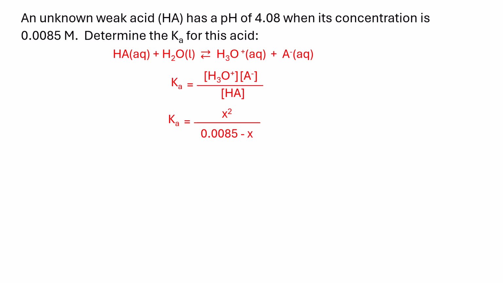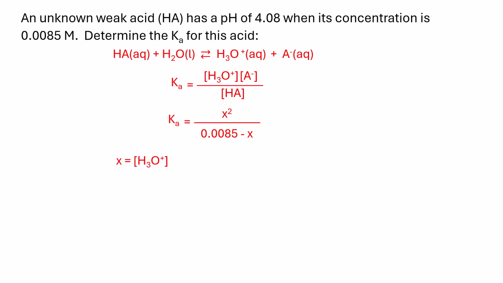And my initial acid concentration this time is a lot smaller, 0.0085, and that we would say minus X for it on the bottom. Now, subtracting X usually doesn't matter, but in terms of the math, it's really not going to be too hard to just subtract whatever value X has. So we don't have to worry about quadratics or any of that. We'll leave it there for now. We may not end up bothering with subtracting X.